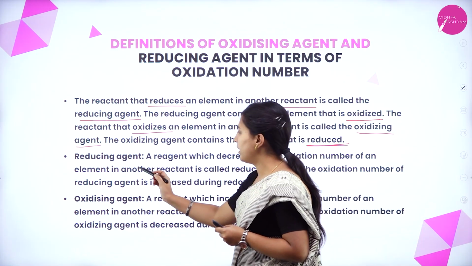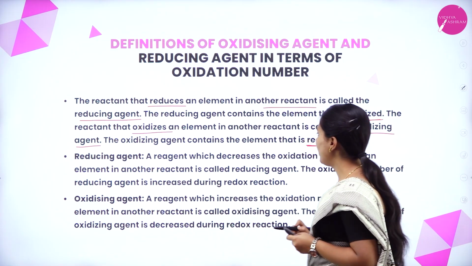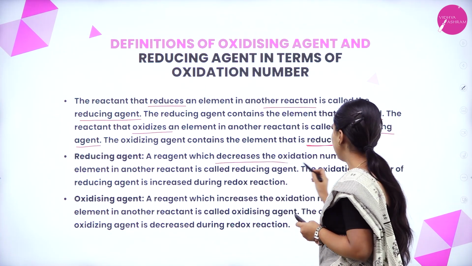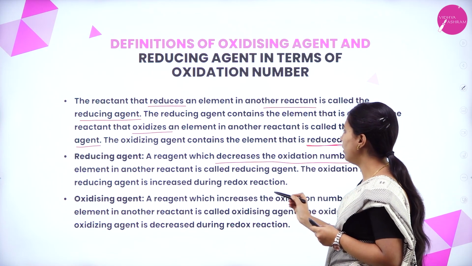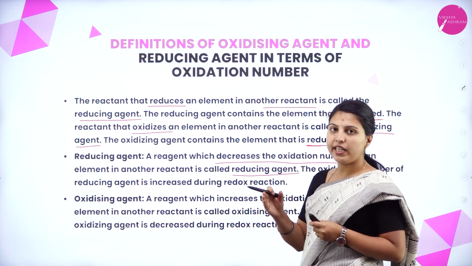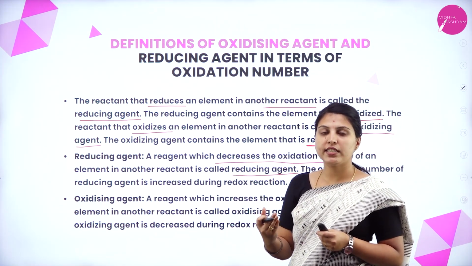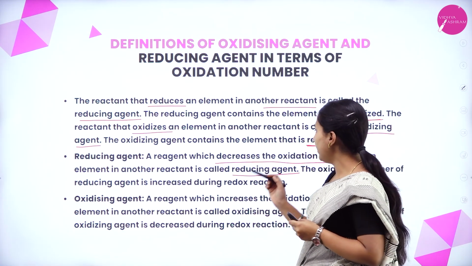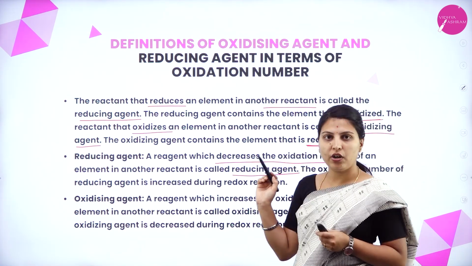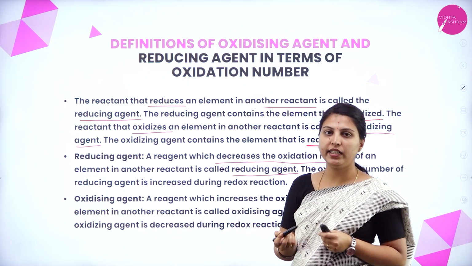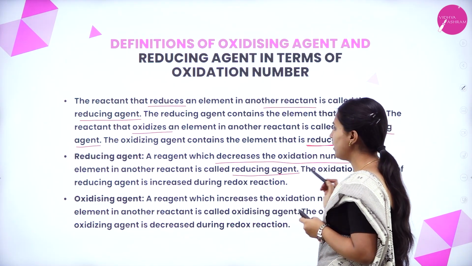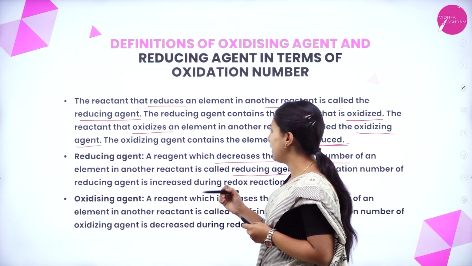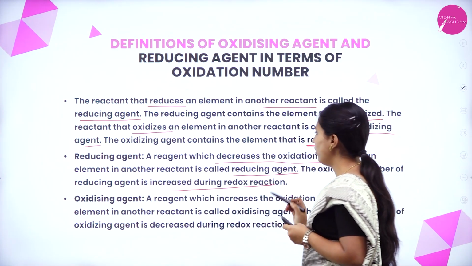Next, reducing agent. A reagent which decreases the oxidation number of an element in another reactant is called reducing agent. The oxidation number of the reducing agent itself is increased during redox reaction.